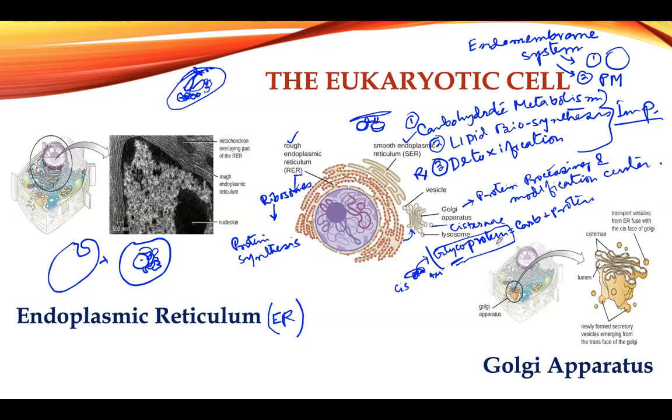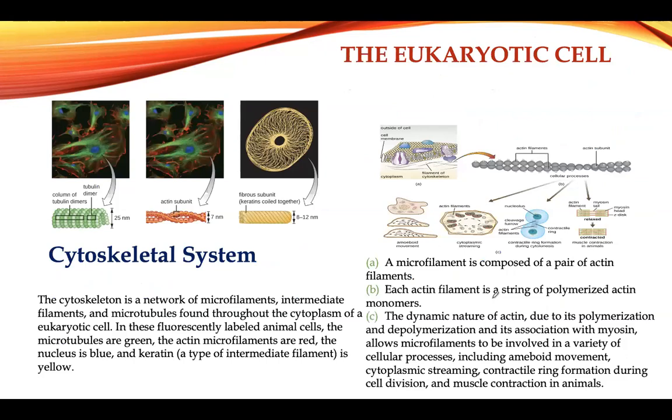Make sure to study the structure of all cell organelles, and very, very important is you really need to know the function of each cell organelle. Cytoskeleton system is the internal network supporting system, or you can say an internal skeleton system. Eukaryotes have three different types of cytoskeleton: microfilaments, intermediate filaments, and microtubules.